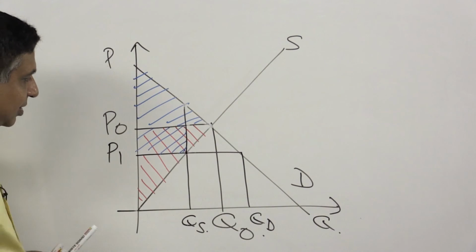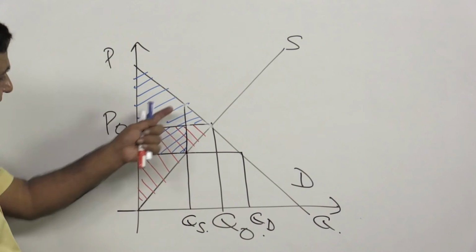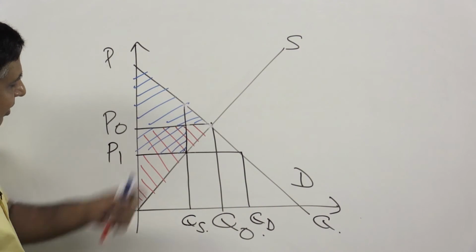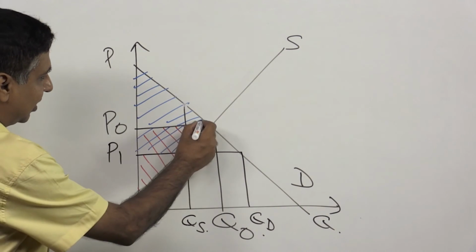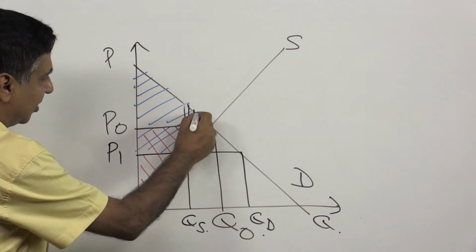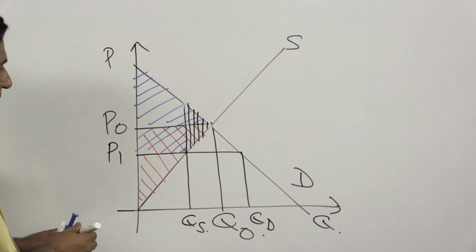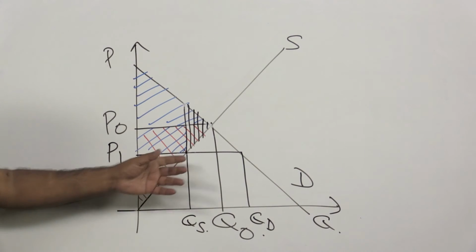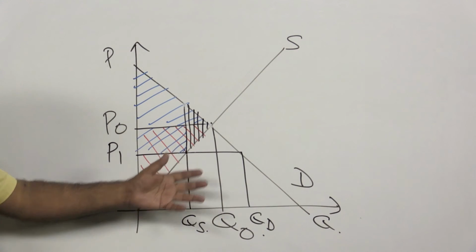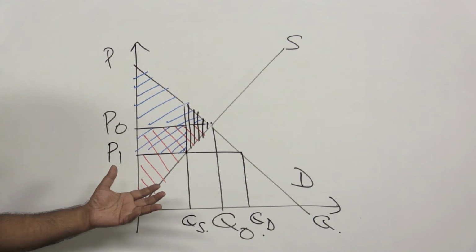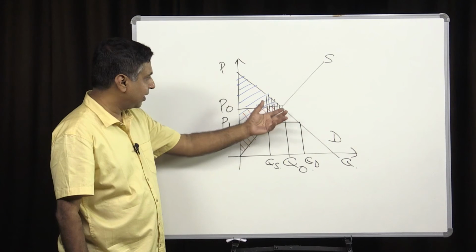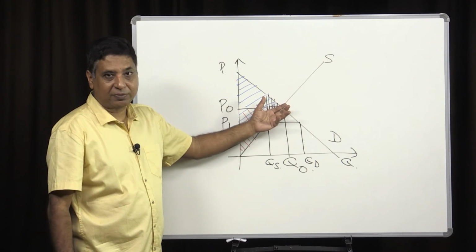Now those transactions are not taking place. Consequently, this area, which I will shade black, has been lost. So because of the interference in the market by the government, there has been a loss in welfare.